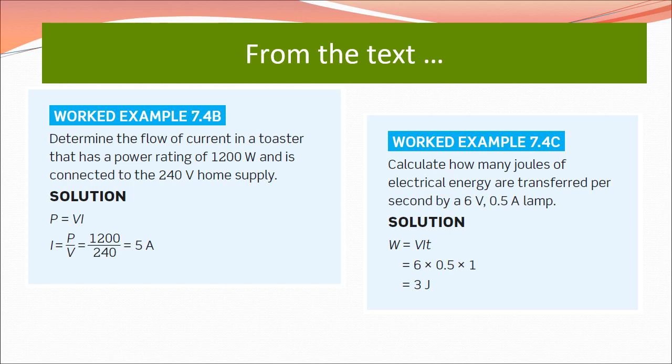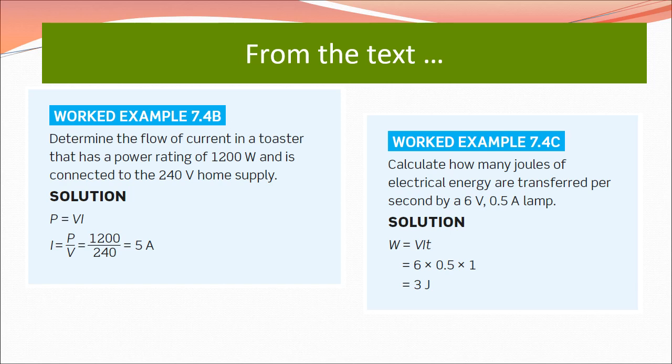So the example 7.4b is kind of an interesting one. I don't know if many people know that in America they don't really use electric kettles to make coffee or tea. You might have seen in movies or on TV that they use ones that they put on their stove, or they heat their water in the microwave, or use those drip filter coffee machines.